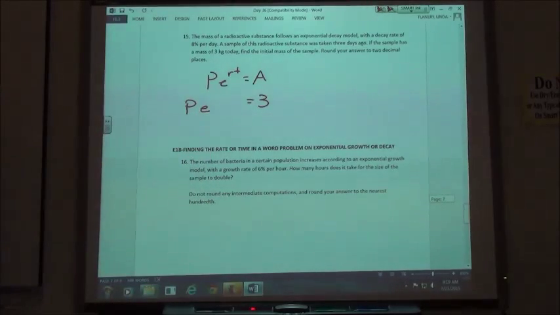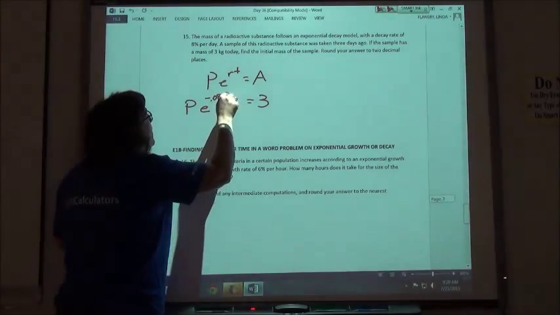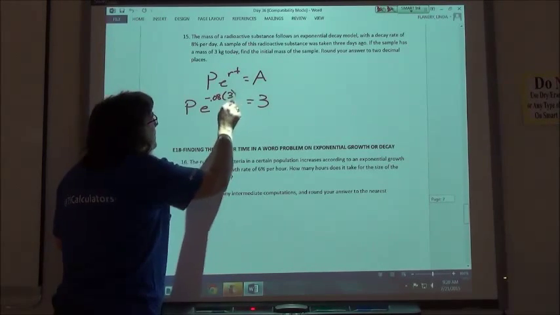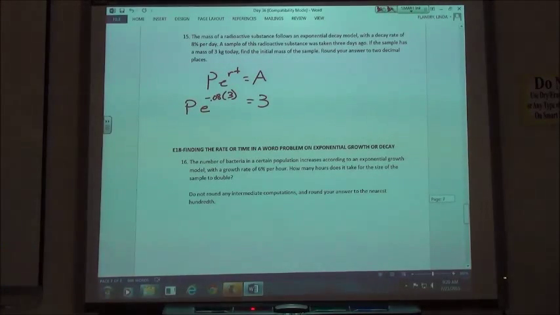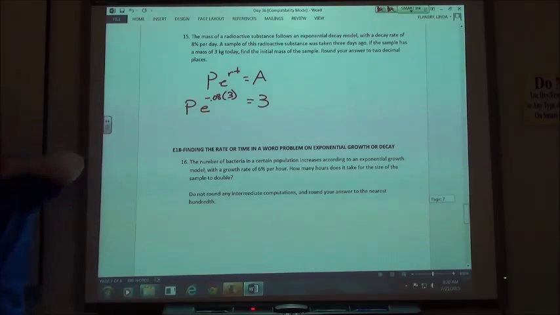Our rate. What are we going to use for our rate? 8%. But since it's a decay, we're going to use negative 8%. And my time? 3 days ago, right? So on this one again, if we want to solve it for P, we are going to end up dividing.